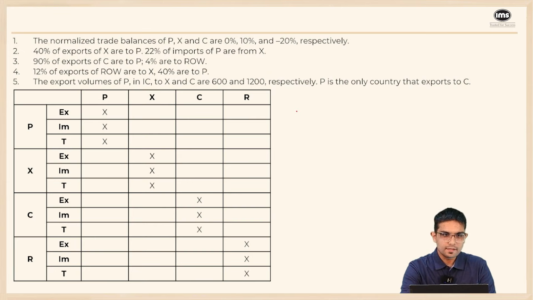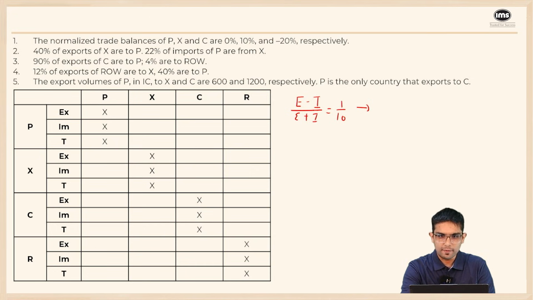Now the first line says that normalized trade balance of P, X and C are 0, 10 and minus 20. So for X it is 10%. 10% is 1 by 10. So for X, export minus import upon export plus import is 10%, that is 1 by 10.